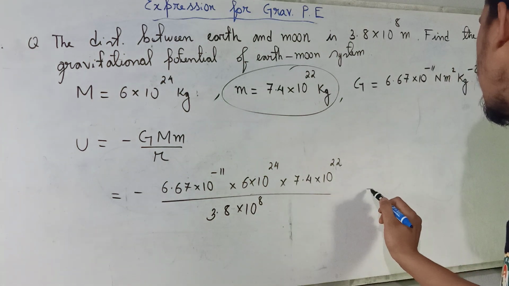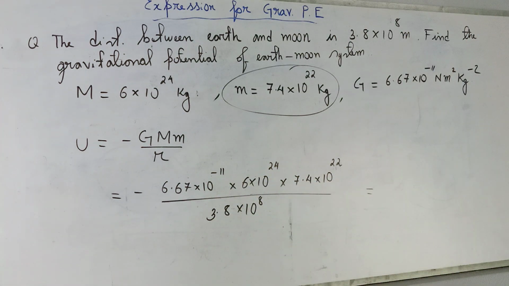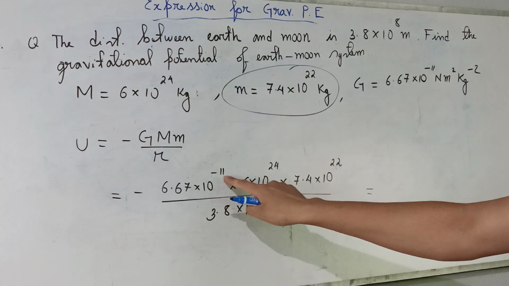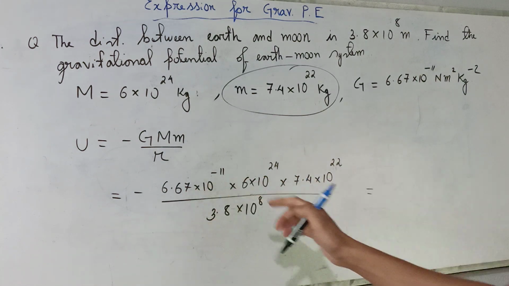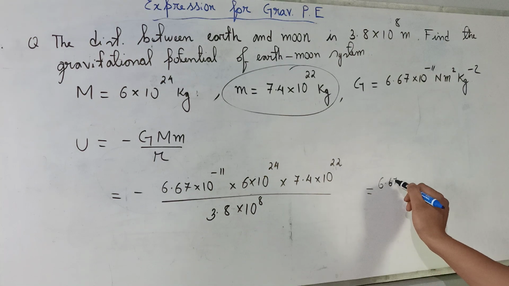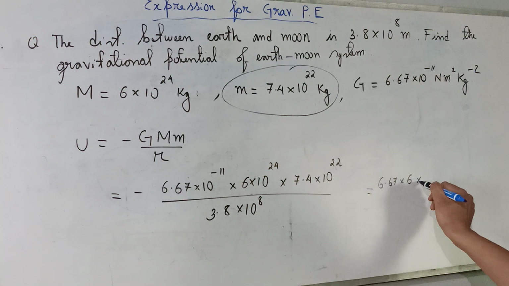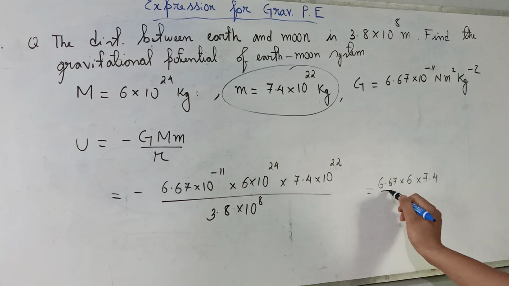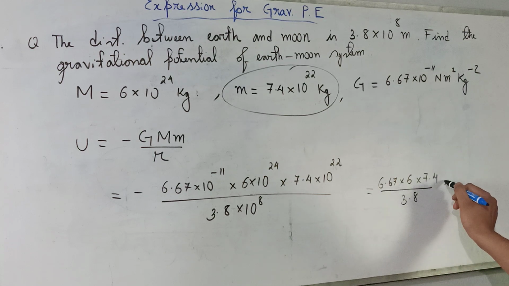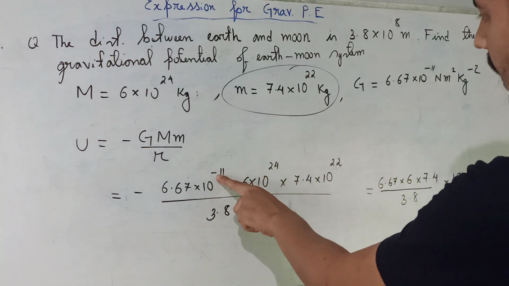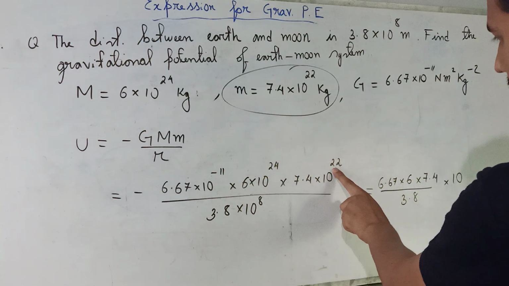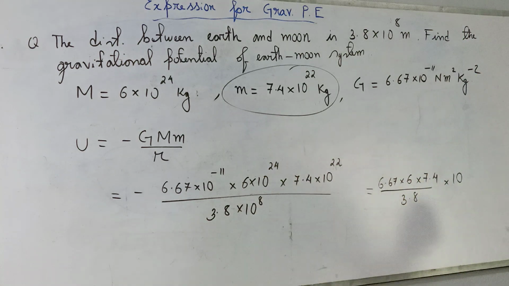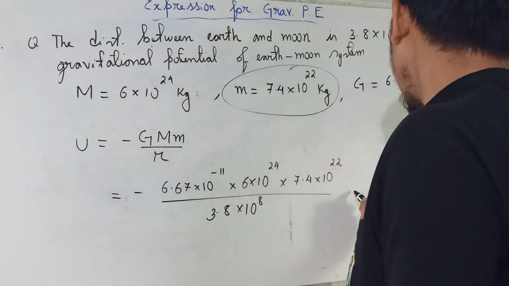Let us solve the exponent part first. 6.67 into 6 into 7.4 divided by 3.8, into 10 to the power minus 11 plus 24 plus 22 minus 8. Of course there is a negative sign from the formula.